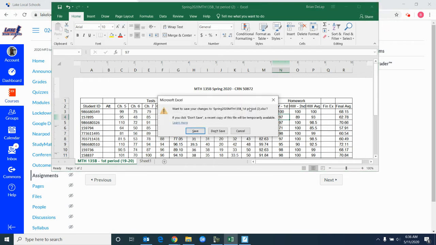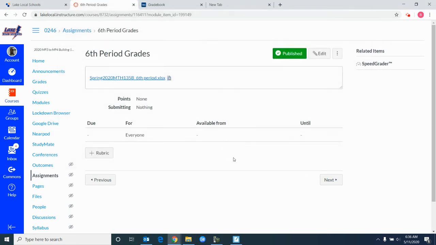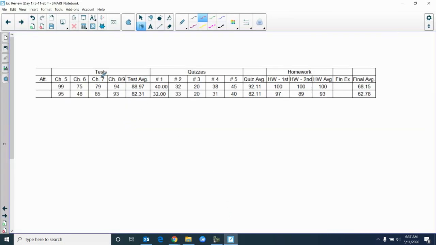So let me go to this case here. I just did a quick clip, took out the student ID. This person has a 68.15, 62.78. Like I said, if they got a 0, that's what they would end up with. Now, your final exam is 25% of your final grade.